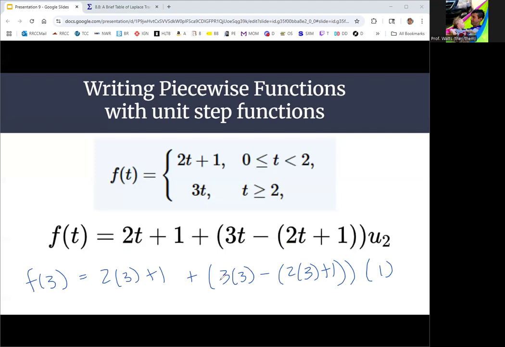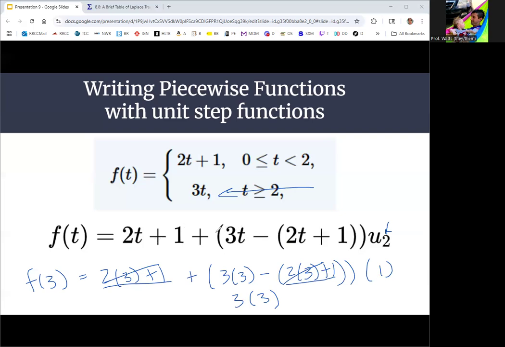So it's like a switch. It switches on at this number, 2. Goes from 0 to 1, and so it kind of turns this piece on. And then the 2 times 3 plus 1, which is 7, you subtract that negative 7, and then those parts go away. And so you just get 3 times 3, which is the bottom row. So these are equivalent representations of that function.